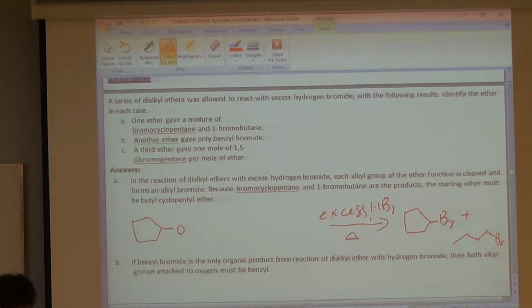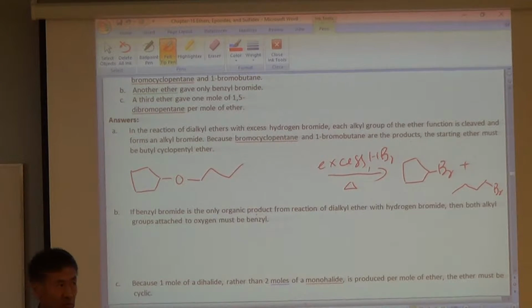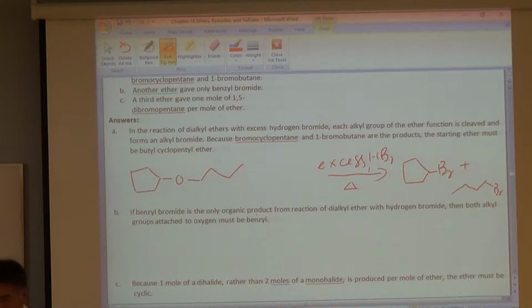So you have this ether here. Sometimes I will give you the product and ask you what the reagent will be, and then you will see what reagent produces the product.